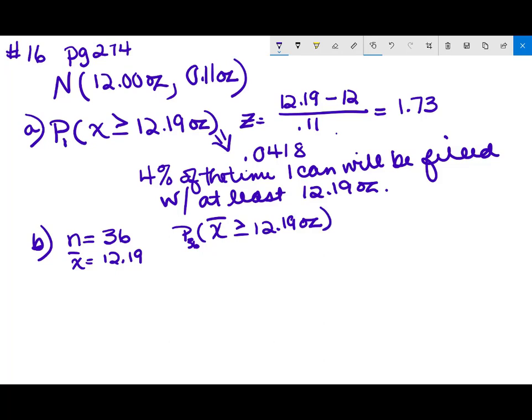We're going to find our z-score. Again, 12.19 minus 12 comes out to 0.19, but our standard deviation is going to be a little bit different. It's going to be 0.11 divided by the square root of 36. When we do that math, we get a z-score of 10.36.